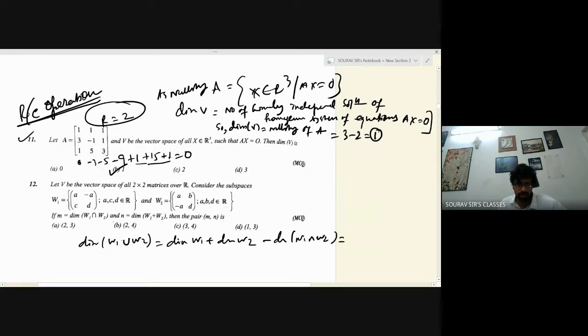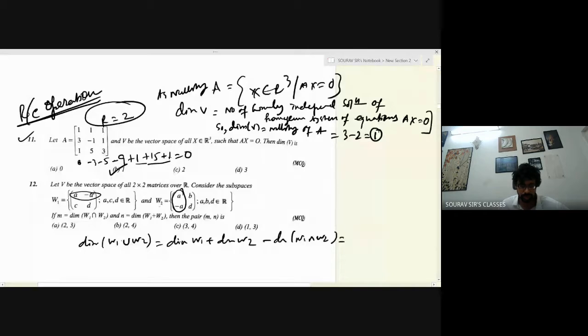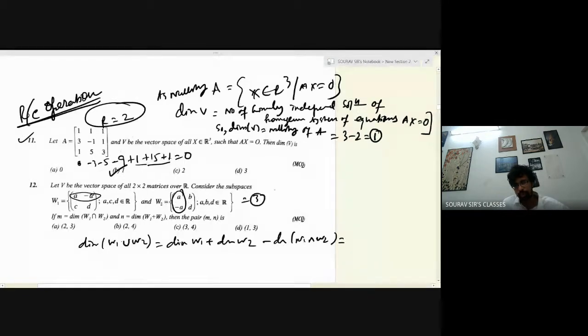Remember that for W1, if we take A and minus A, so A plus B equal to 0, so these two sum is providing you 0, and these two sum is providing you 0. So dimension of W1 is 3, and dimension of W2 is 3. So dim W1 is 3, equal to dim W2.